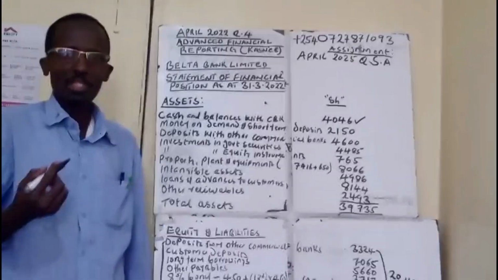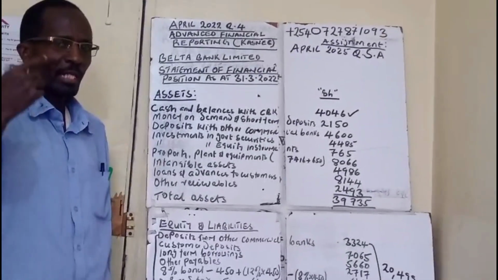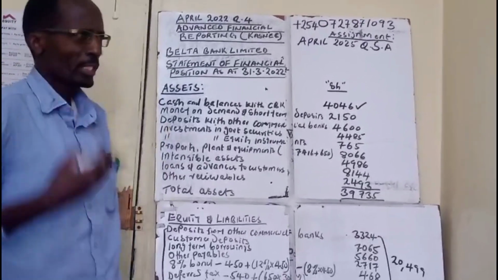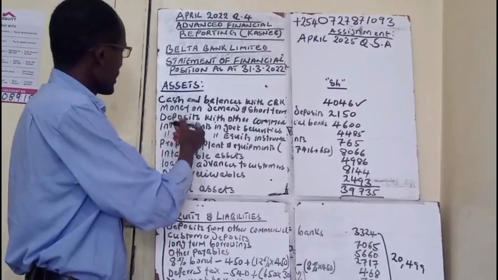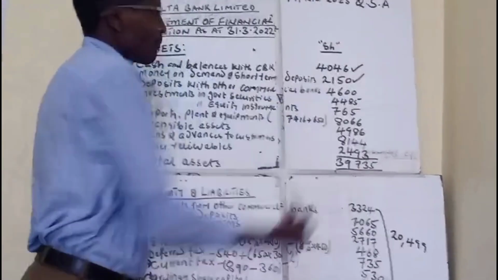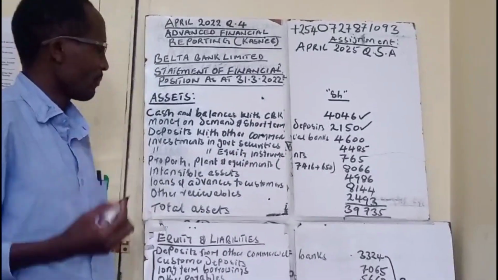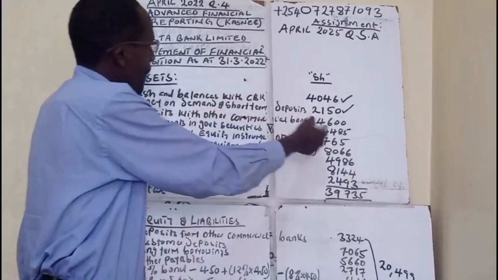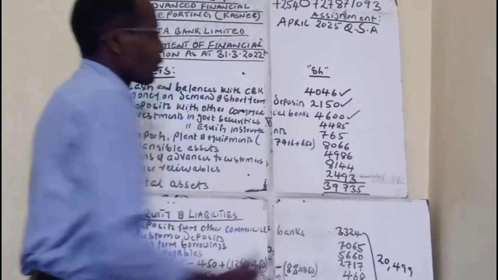That is an asset because it is money for this particular bank. The other asset is money on demand and short-term deposits, 2150. That is an asset. Deposits with other commercial banks, 4600.